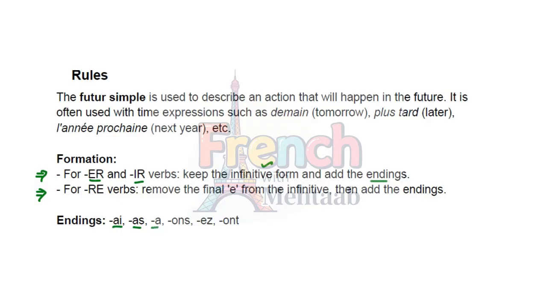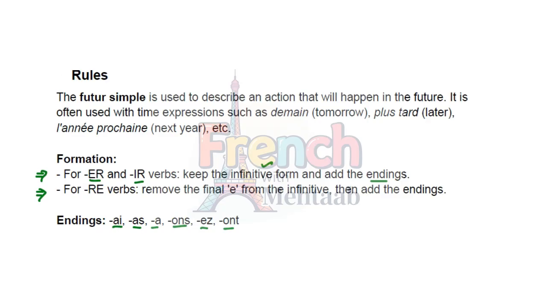For nous, we add ons at the end of the verb if it's an er or ir ending verb; otherwise, we remove the e and then add ons. Similarly, ez and ont in the respective forms when the subject is vous and ils.